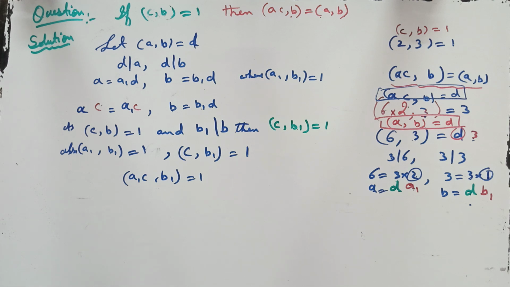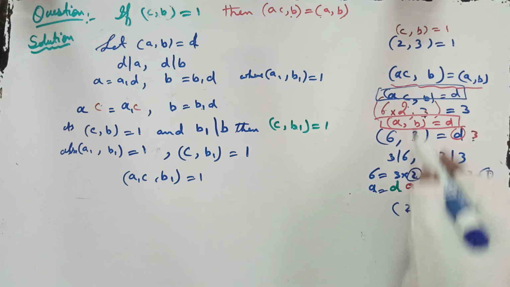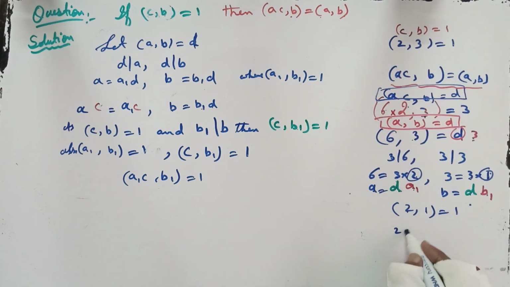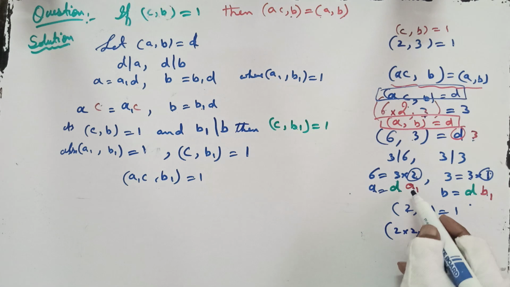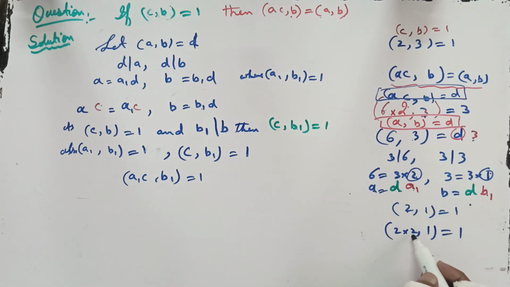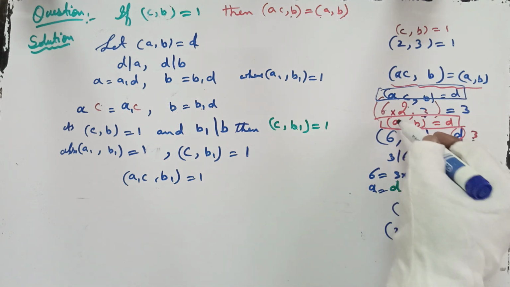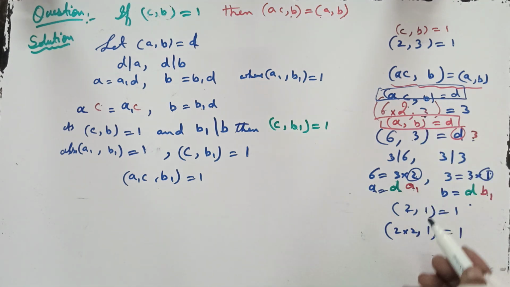I can give you an example. Here A1 is 2 and B1 is 1; these are two relatively prime numbers. If I multiply with C, the number 2, then 2 times 2 is 4, and 1 stays 1.